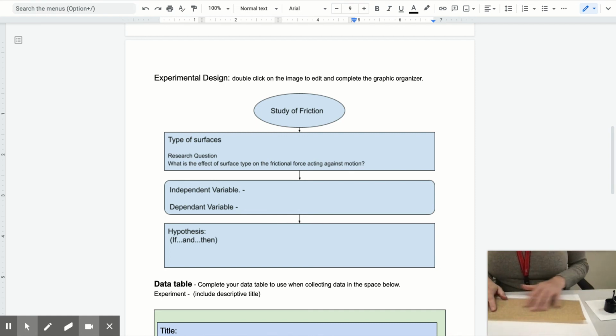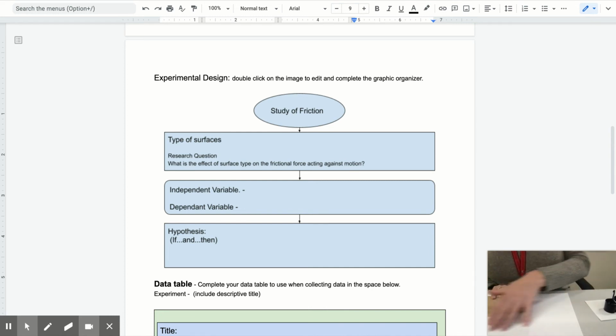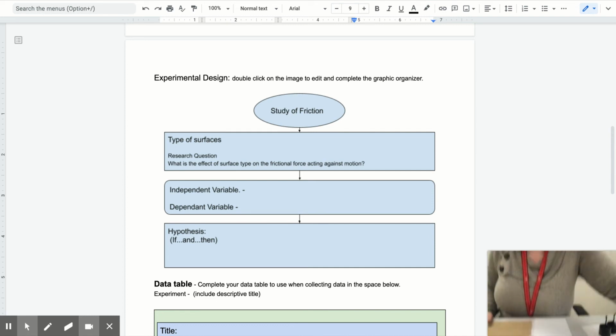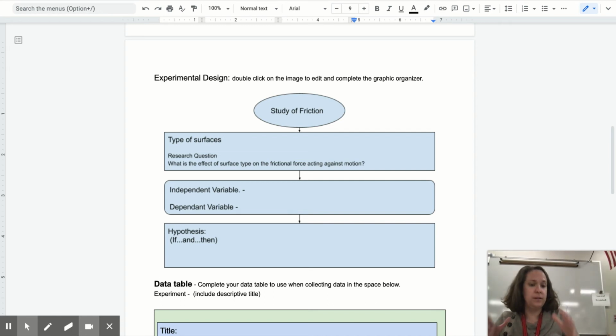Each of these surfaces are very different, and you should be familiar with each of these: paper, just a regular piece of white paper, plastic sheet protector, it's pretty thin, but it's a little slippery, and then rough sandpaper right here. So write a hypothesis about what you think the frictional force will be relative to the others for each of the surfaces. Which one will have the least amount of friction, which one will be the most, and which one will be in between.